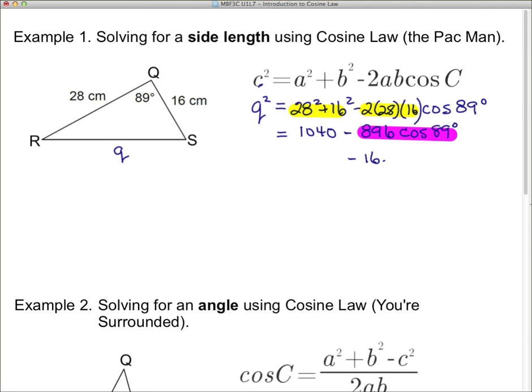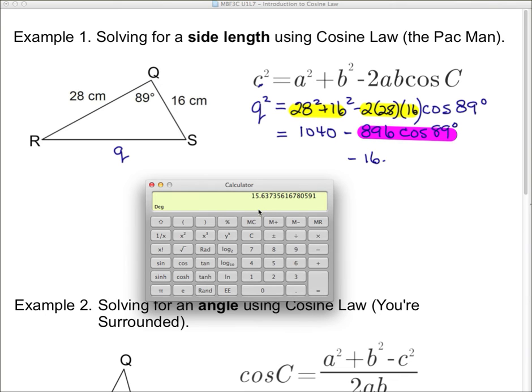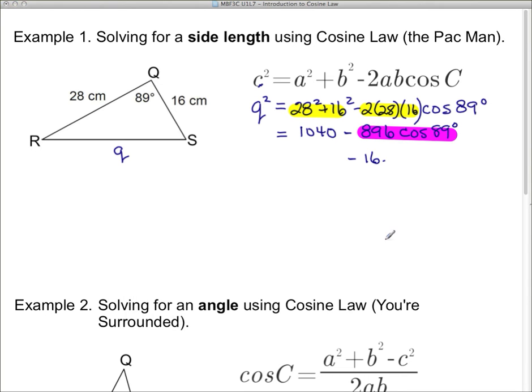Gosh, my memory's going. It's 15.6374. And of course that 1040 doesn't do anything.